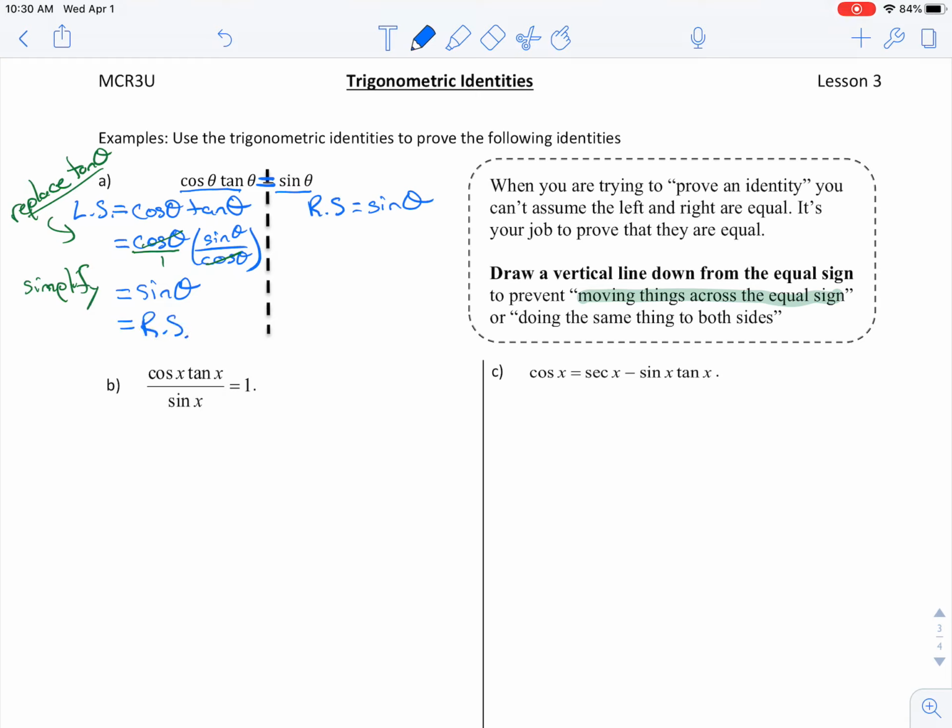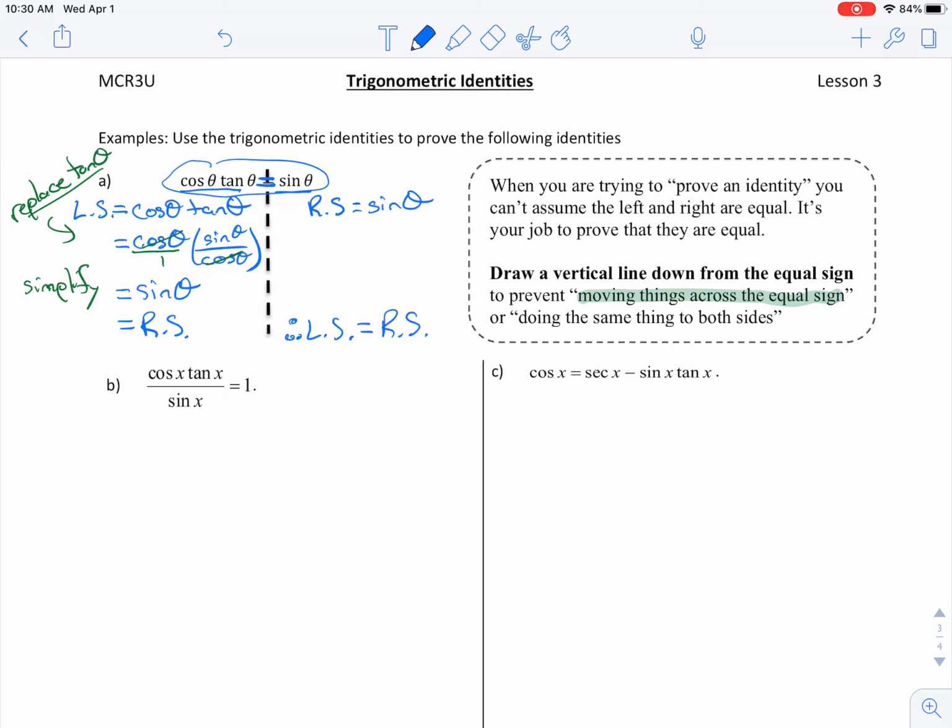And notice we have the same thing as the right side. Therefore, the left side equals the right side, and we've proven the original statement, which is cos times tan equals sine. That's an example of a proof. So you do not move things across left to right or right to left. You just stick with one side and the other side.